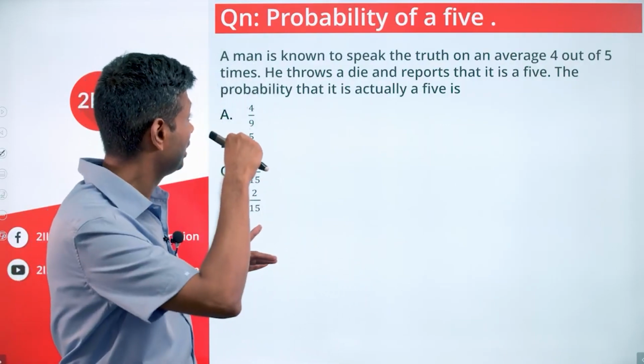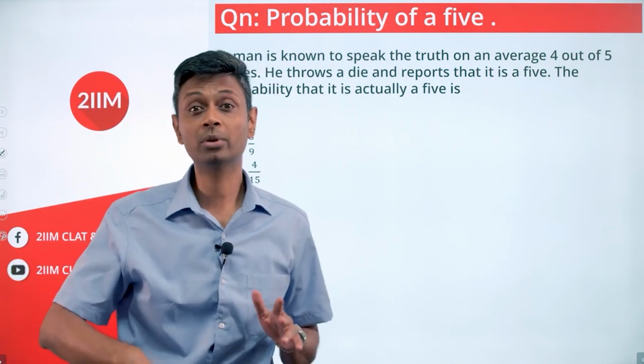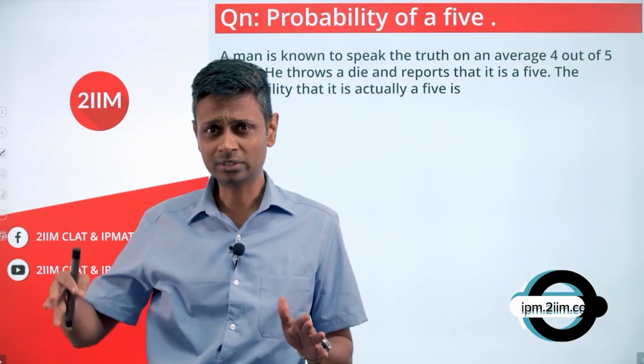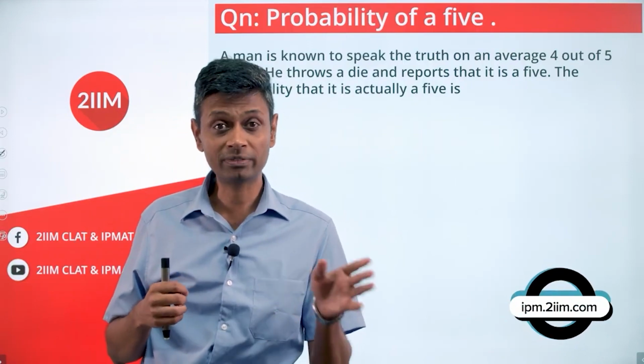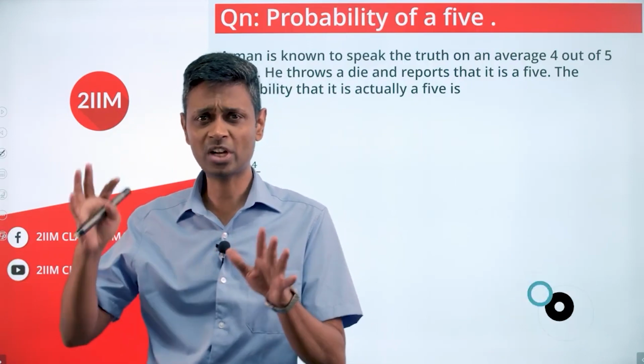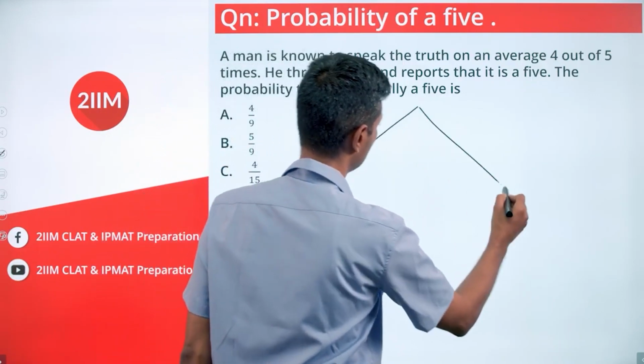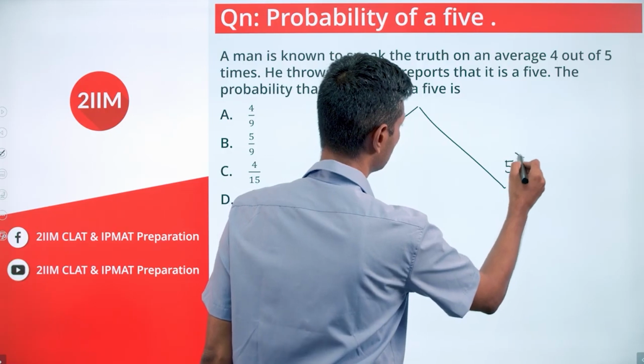Given that he reports a 5, what is the probability that it was actually 5? Forget that. Think about it in chronological order. He rolls a die. It could be a 5. It need not be a 5. So let's start with that. So our man rolls a die. It could be a 5, or not a 5.